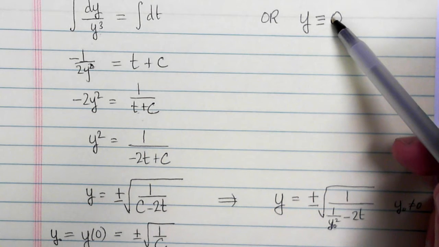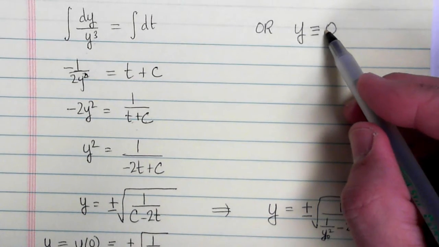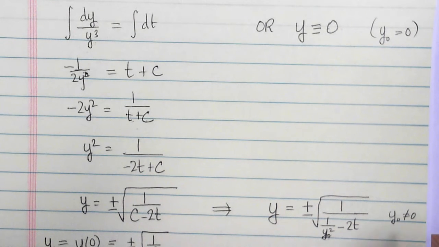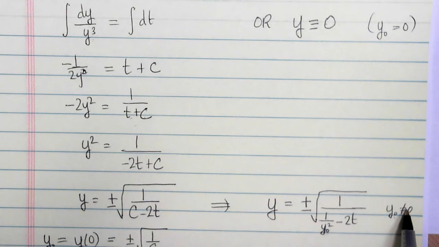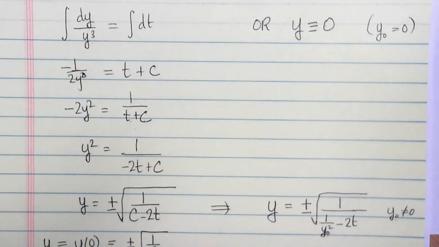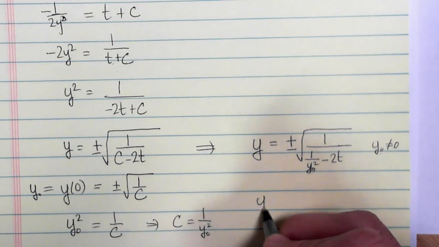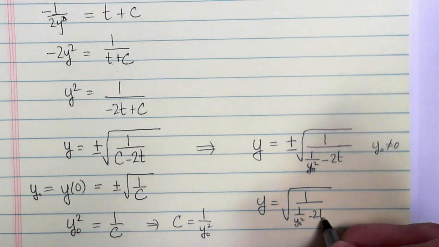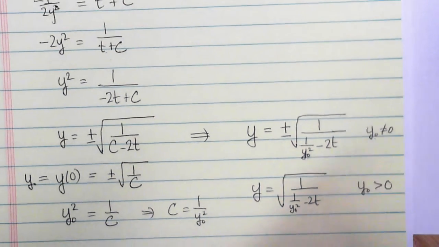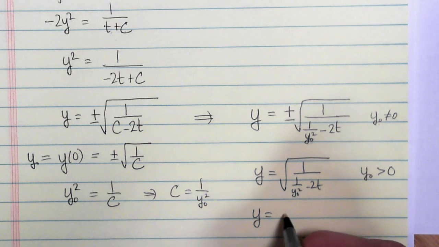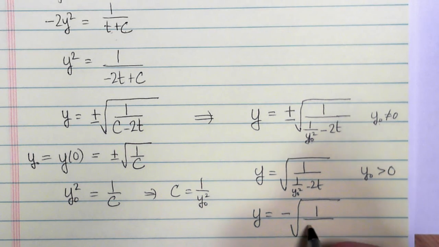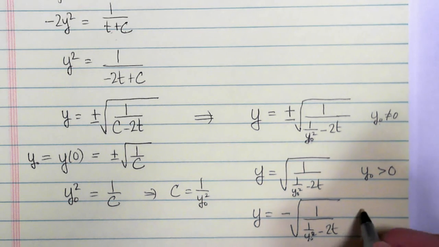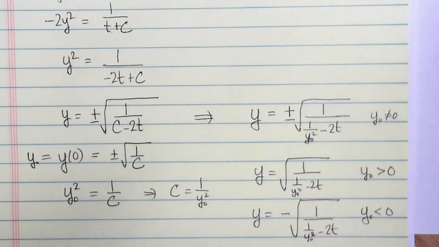So we have two categories of solutions. y is identically equal to 0 if the initial condition y naught is equal to 0. If the initial condition is not equal to 0, then it's plus or minus. And more specifically, it's going to be the positive one if y naught is greater than 0, and it'll be the negative one, I forgot the square there, minus 2t, if y naught is less than 0.